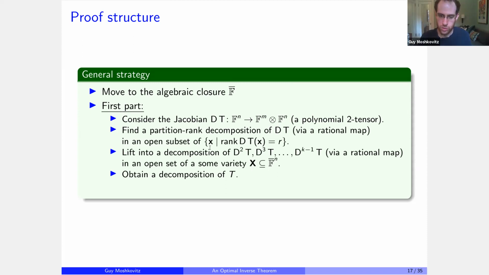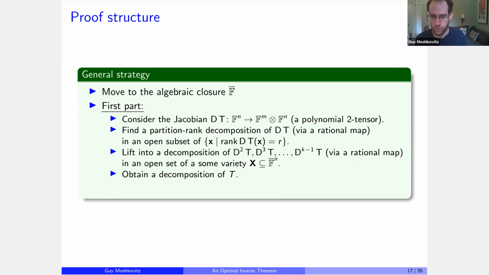So we're going to have this lifting theorem which says that if you have a rational map that gives you a decomposition, then you also have a rational map that gives you a decomposition of the total derivative. Importantly, this all happens on some open set of some variety. The proof is quite flexible, so we can take the variety X to be basically any variety that you want.